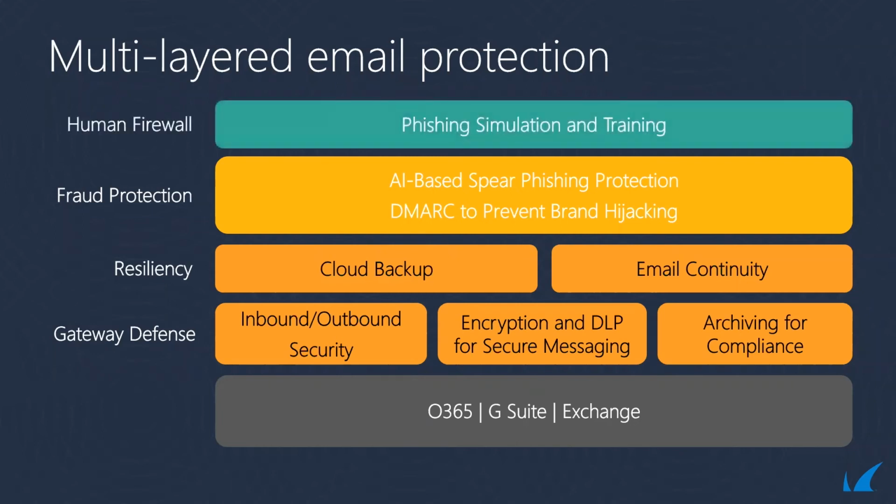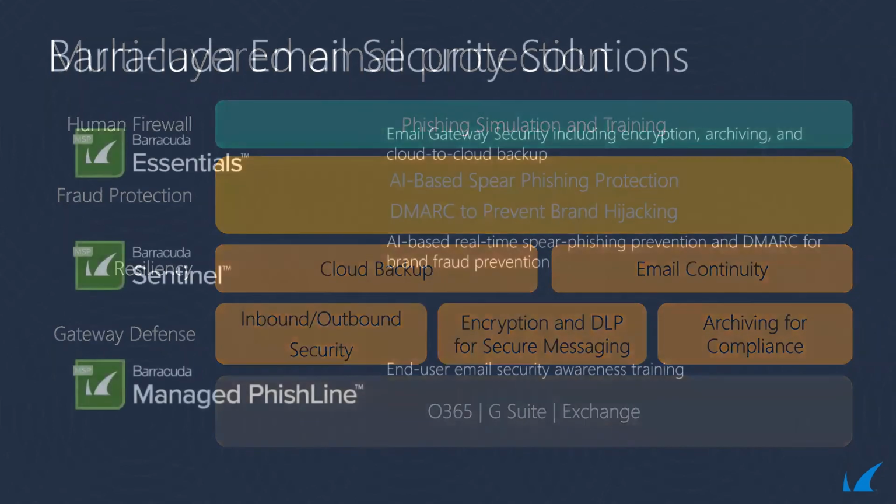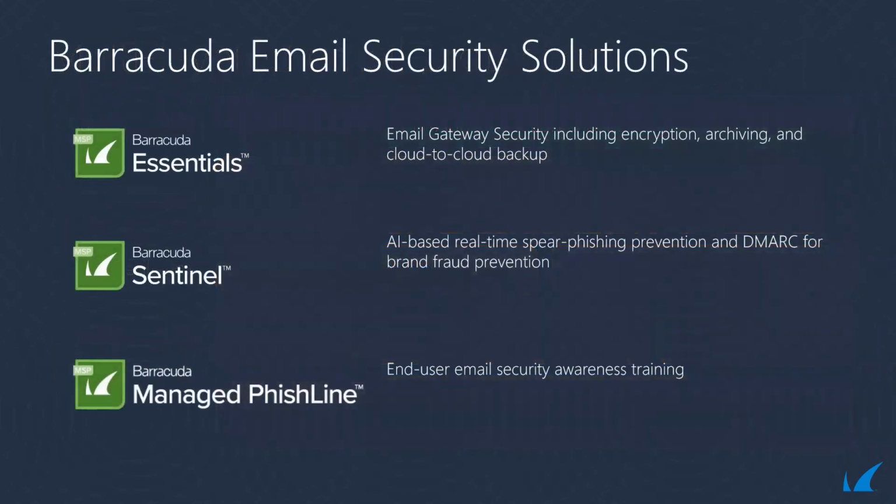And then finally, offering a phishing simulation and training for your end users, which Barracuda can provide for you. This is shown here by Barracuda Essentials for the gateway, Barracuda Sentinel for the real-time phishing prevention and DMARC analysis. And then finally, for your human firewall, that last part of the puzzle, the end user security awareness training under Managed PhishLine.